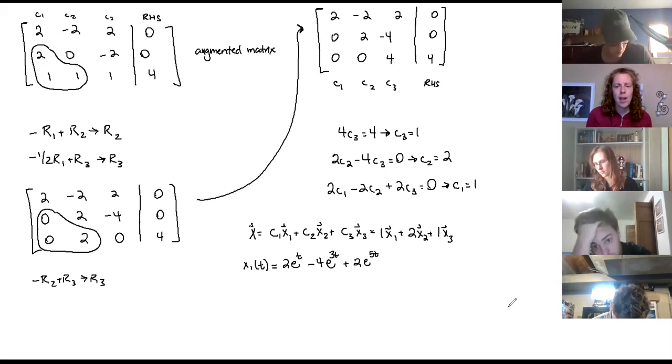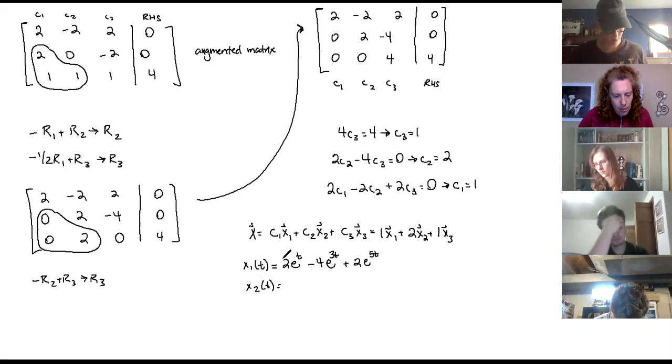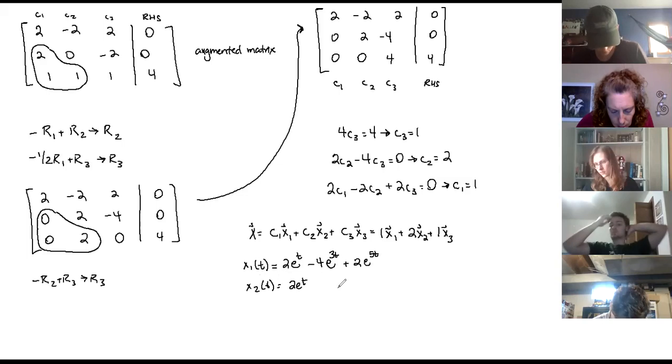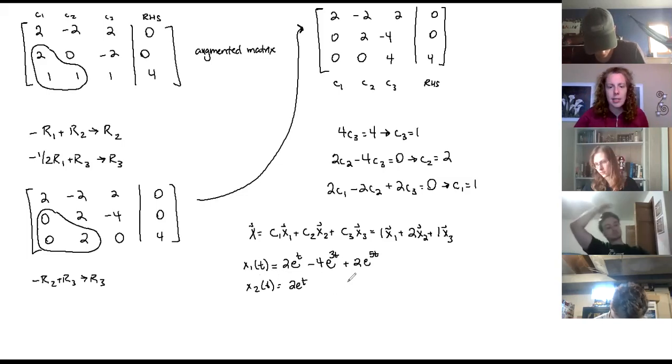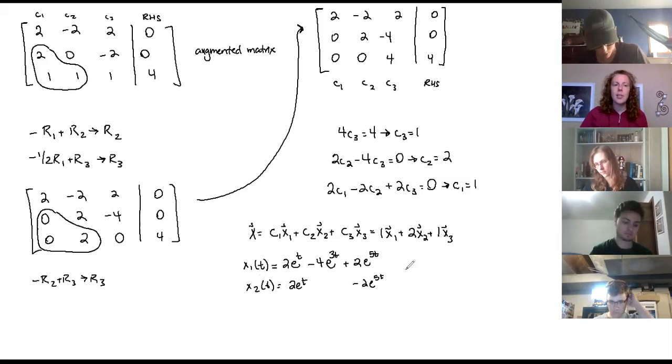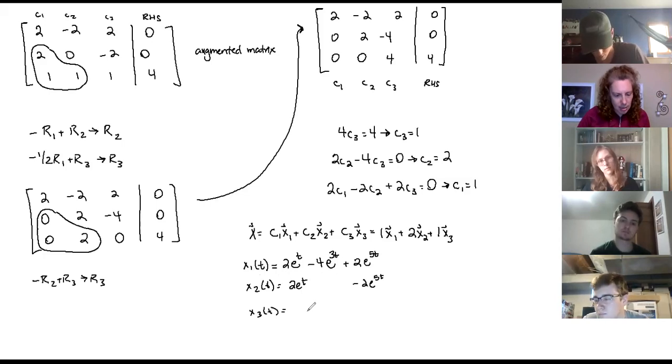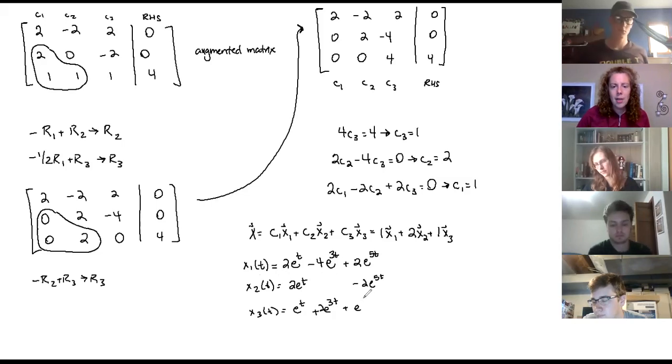I can get function x2 of t, which is equal to 2e to the t minus 2e to the 5t, plugging in c1, c2, c3. And x3 of t is e to the t plus 2e to the 3t plus e to the 5t, plugging in those coefficients.